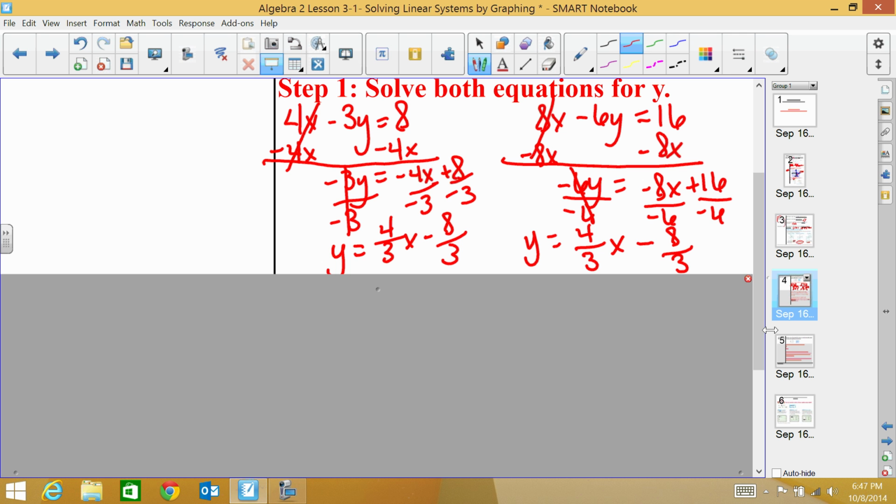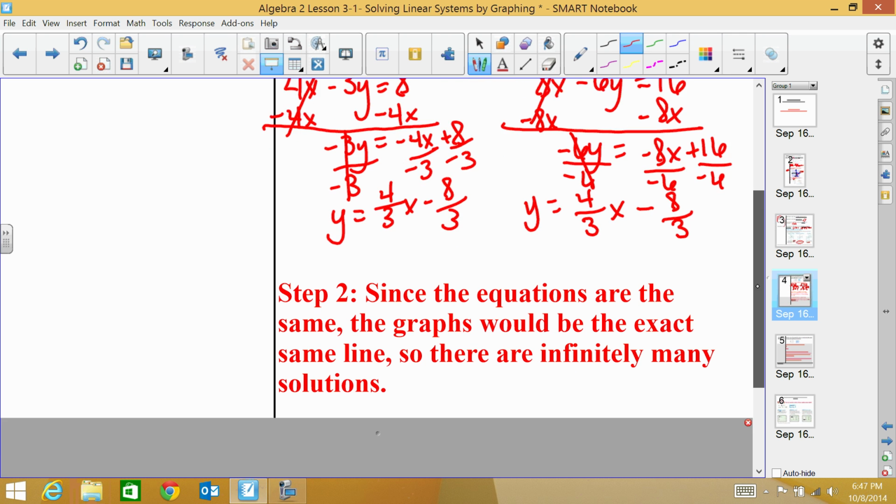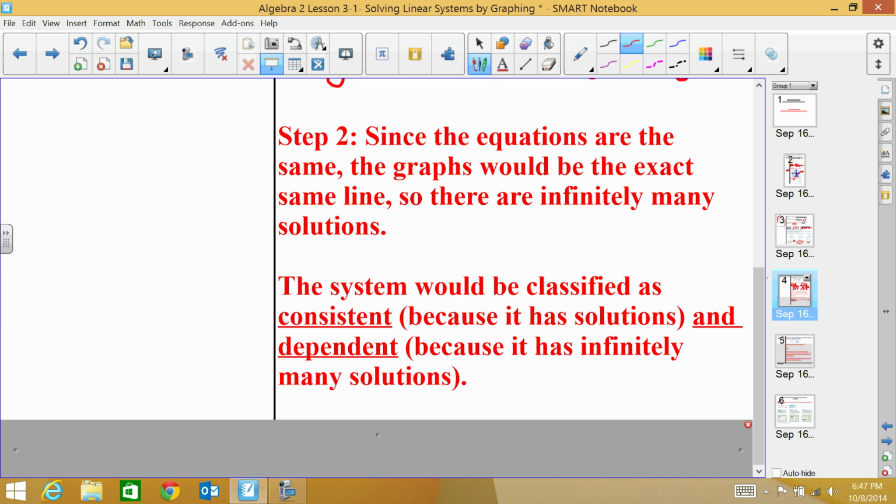Well, independent means one, and this has more than one solution, so this is going to be consistent and dependent. So since the graphs would be the exact same line, there are infinitely many solutions. So it would be consistent because it has solutions, and it would be dependent because it has many, many solutions.